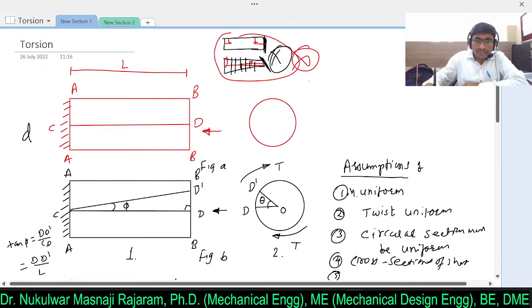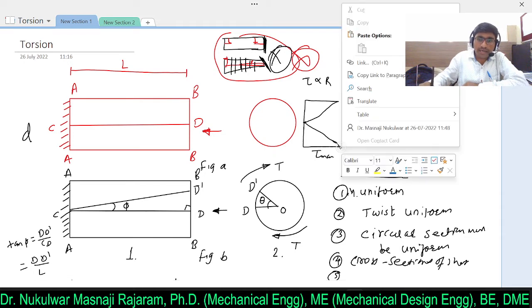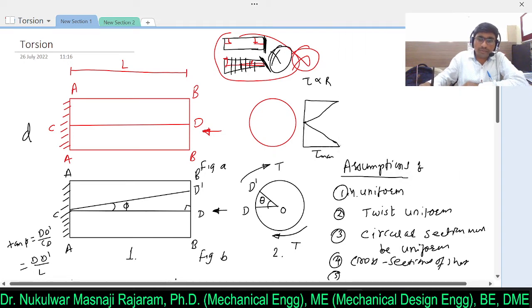Now if torque is directly proportional to the radius, so here if I want to draw a shear stress diagram, then at the center r value will be 0, so shear stress will be 0. At the outer edge, I will get the maximum shear stress at r equal to maximum.